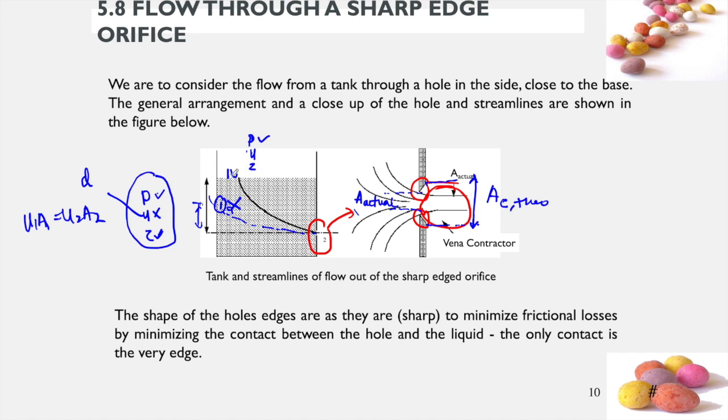Let's take a look at point 1B. So what about pressure? Yes, because this is open to atmosphere, the pressure here is equivalent to atmospheric pressure. What about the velocity?